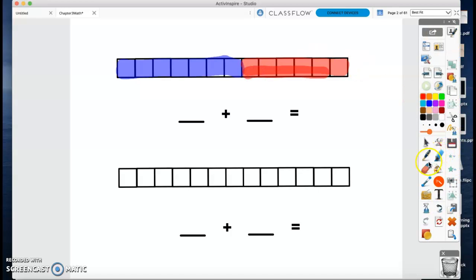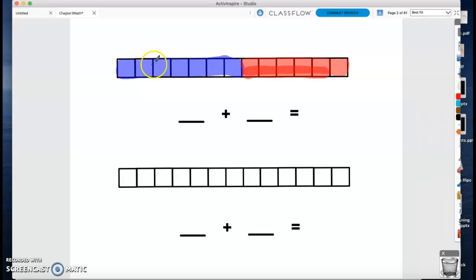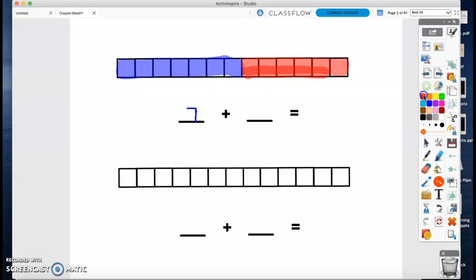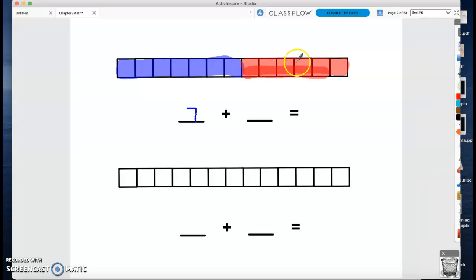Let's count how many blue I have. 1, 2, 3, 4, 5, 6, 7. I have 7 blue. And how many red do I have? Let's count them. 1, 2, 3, 4, 5, 6.